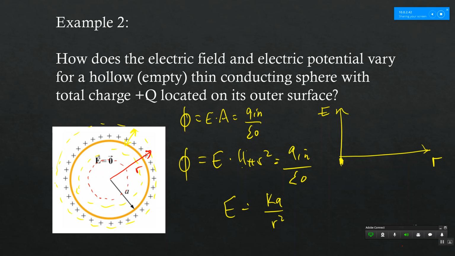And then as I get further and further away, is it getting lower and lower or higher and higher? Lower and lower. So if I were to break my graph up into two sections, first being the part inside my sphere up until the radius r, my electric field is 0. And then afterwards it gets really high and then comes downwards, like that. So that's how electric field varies as a function of the radius outside.